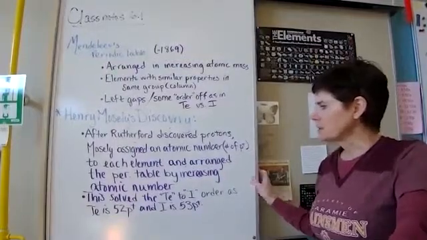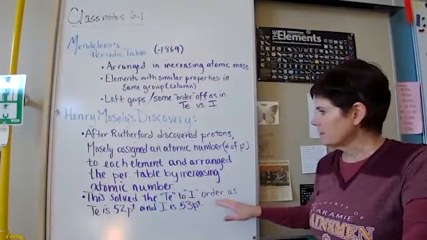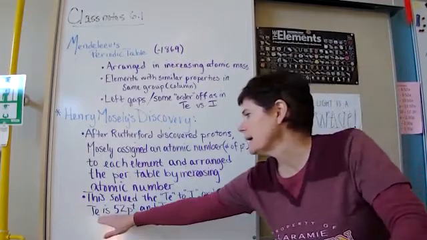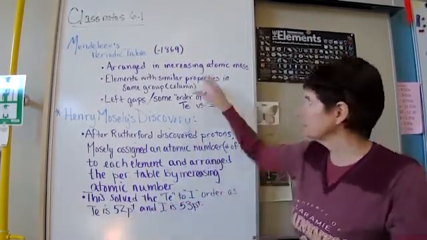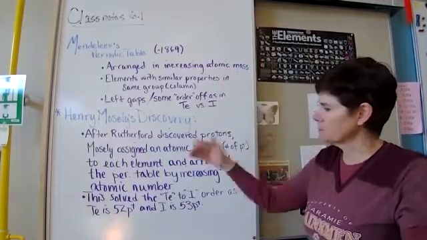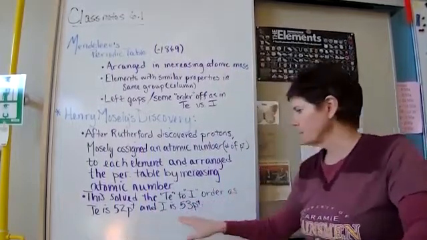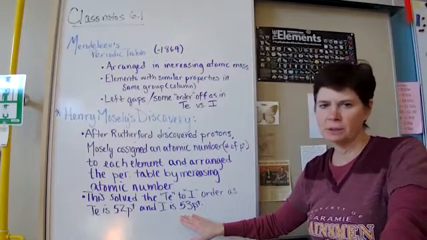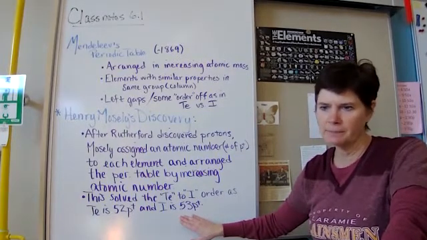This solved the tellurium iodine problem because even though tellurium has a greater mass than iodine, so we would have expected using increasing atomic mass to have these switch, tellurium has atomic number 52, whereas iodine has atomic number 53, so it follows, and that puts them correctly into their space in the periodic table.